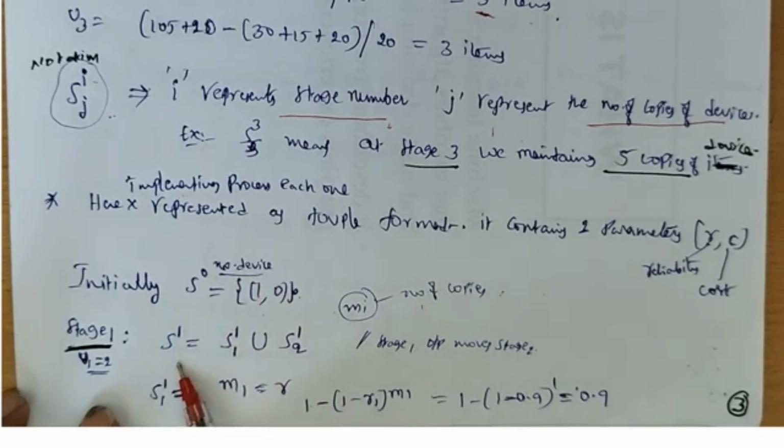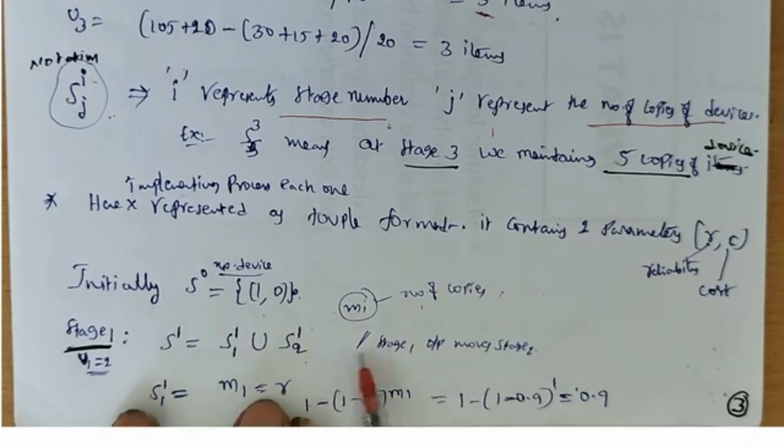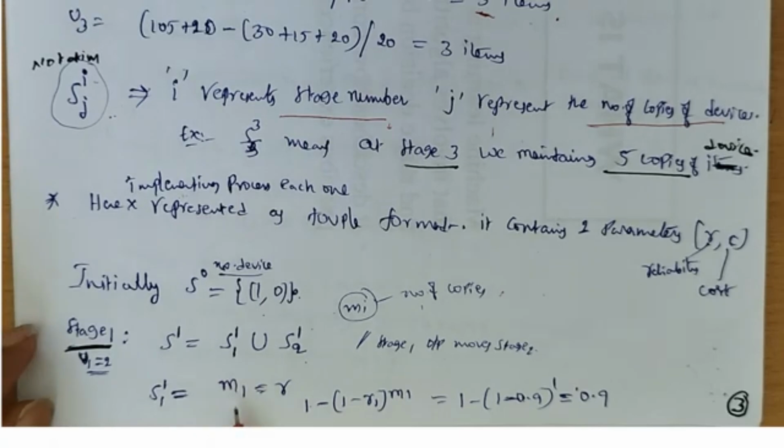Here stage 1, s1 equals s1 power 1 base 1 union s1 power 1 base 2. Stage 1 contains 2 devices, so the stage 1 output moves to stage 2. So s1 equals m1, that equals r.